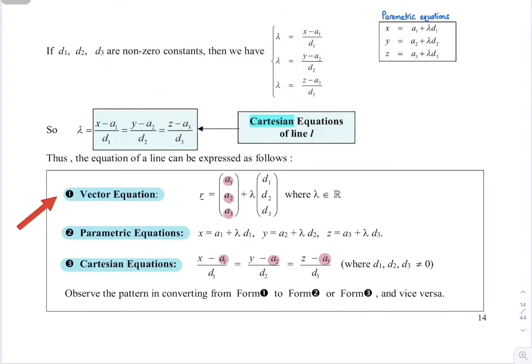The components of the direction vector of the line, d1, d2, d3, can be found in the Cartesian equation as d1, d2, d3. So by observing this pattern, we can convert the vector equation to the Cartesian equation, and vice versa, directly.